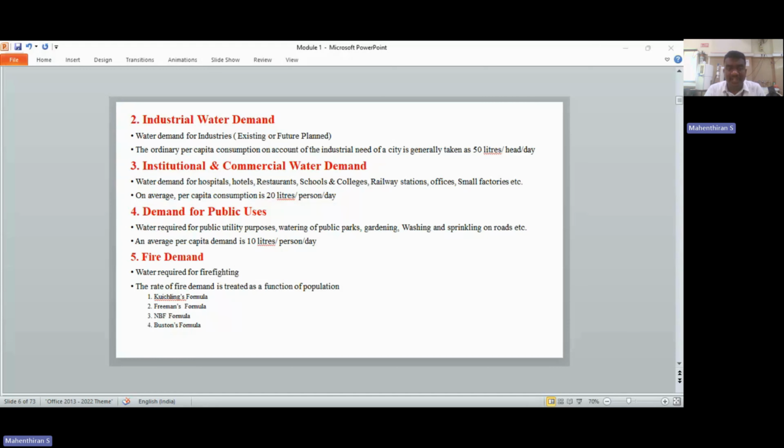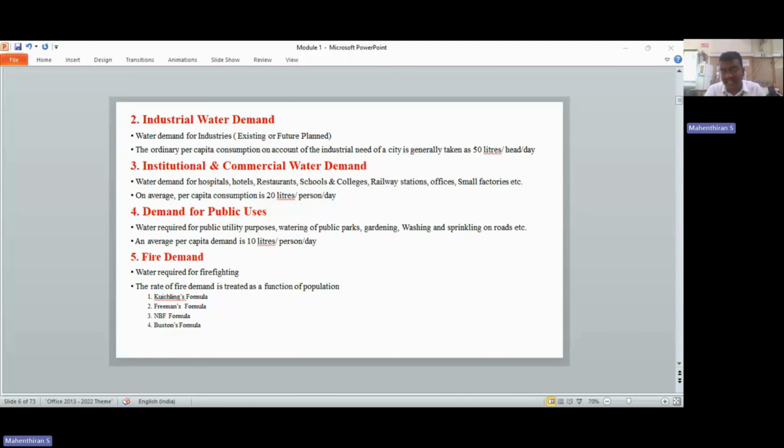So again, instead of calculating each separately, we use an average estimate. The average per capita demand for this category is 20 liters per person per day. This value is added to the total demand when designing water supply systems.